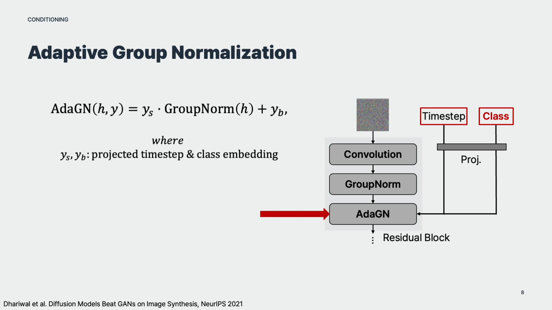More specifically, within the ADA-GN block, the following operation takes place. Given ys, the projected time step embedding, and yb, the projected class embedding, the output of the ADA-GN block is modulated linearly as follows. This formulation allows the model to adjust its activations in a conditioning-aware manner using both temporal and semantic information.